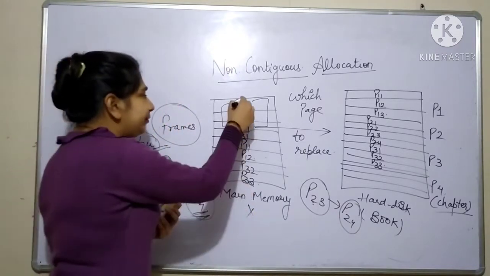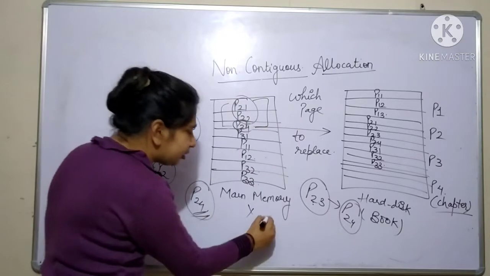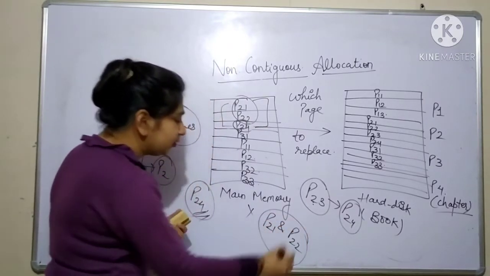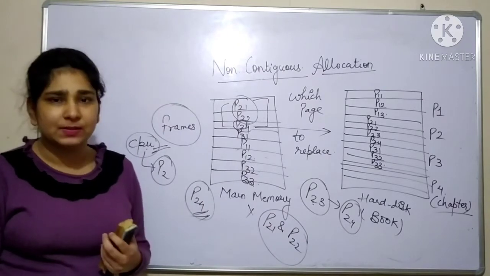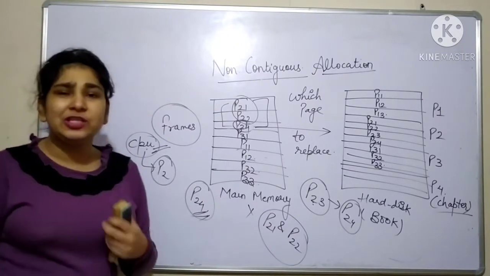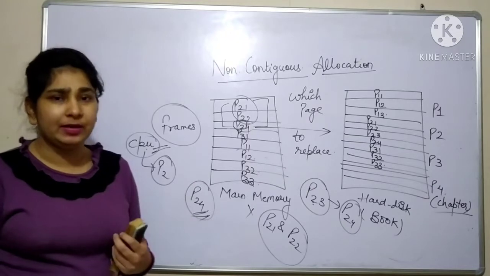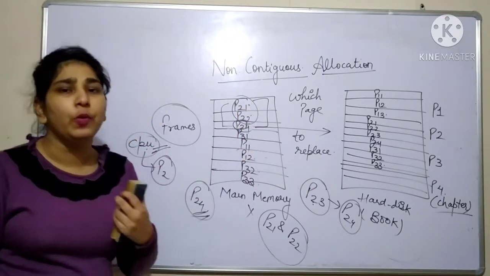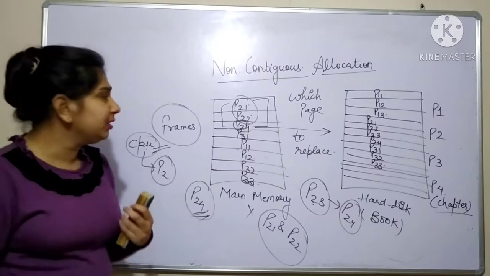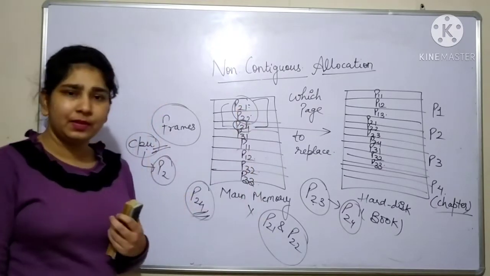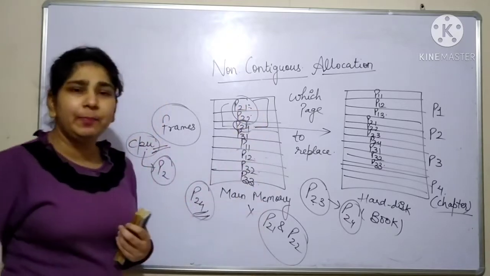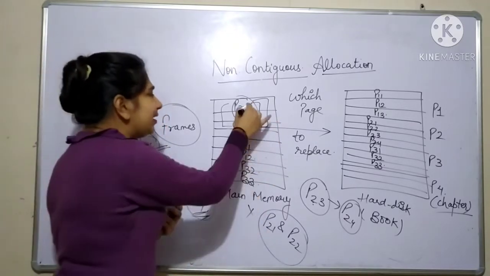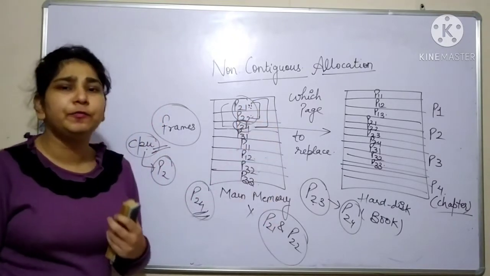And if you look at these two pages, page P21 and page P22, these are not very important pages. These pages' work has been completed. Now these two pages are not required anymore. So what is a good option? You replace these two pages, because these pages are no longer required in the future.